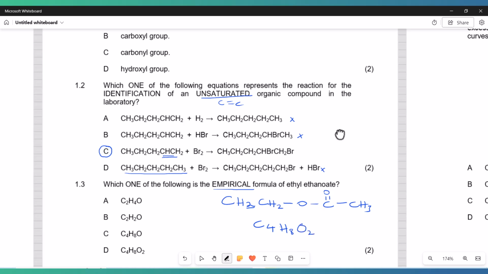We're looking for the simplest whole number ratio, so we take out a common factor of 2. We get C2H4O, with just one oxygen atom. What you see here is the empirical formula, the simplest whole number ratio in which atoms combine in a molecule. So the answer is A. Hope we are together. Let us proceed.